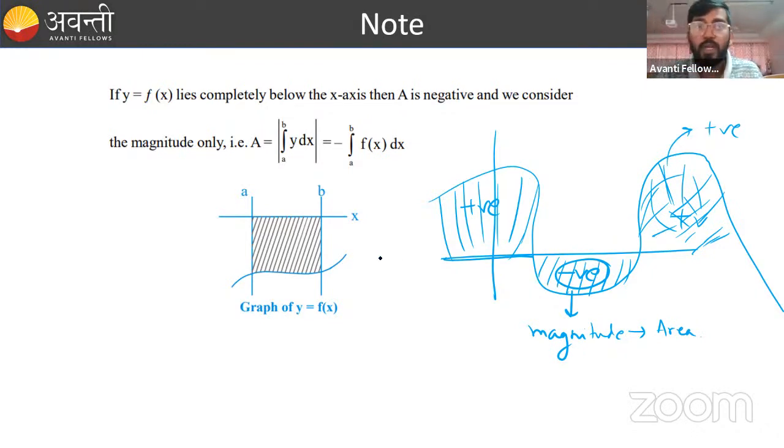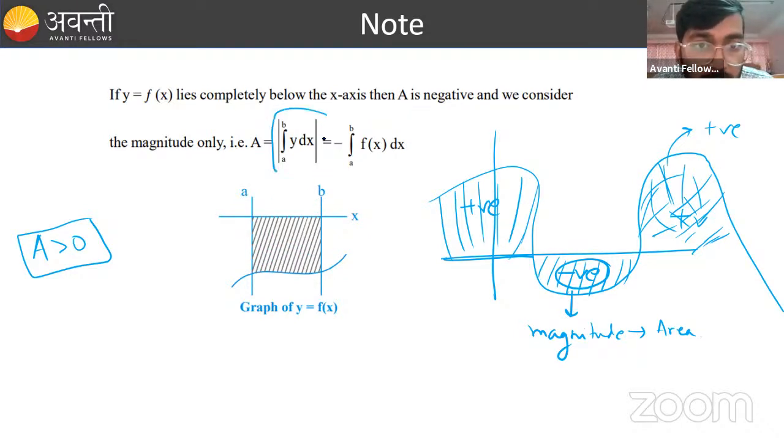And hence, whenever you are supposed to find the area, okay, area is always positive. What we need to remember is that wherever the graph is below the x-axis, in that interval we apply this modulus. I hope I am clear why this minus sign suddenly comes up, because for this interval a to b, as we can see, the graph is below the x-axis.